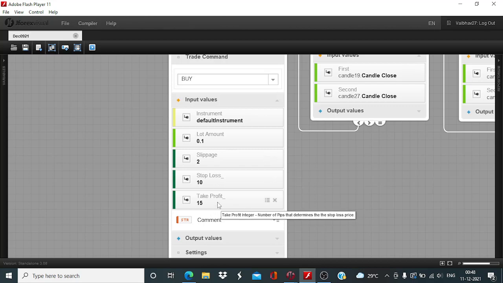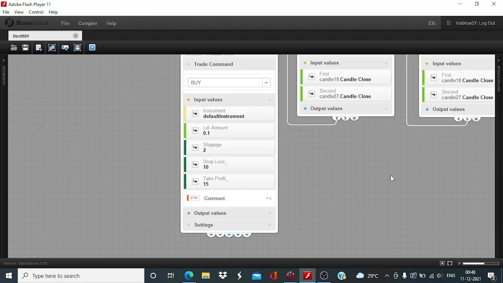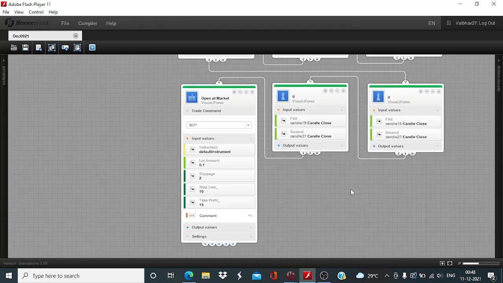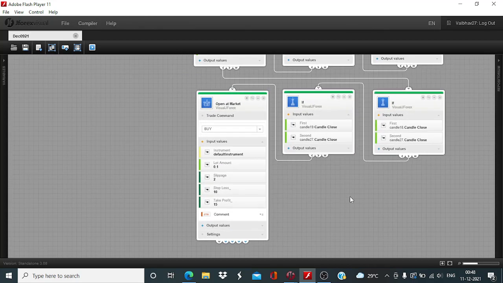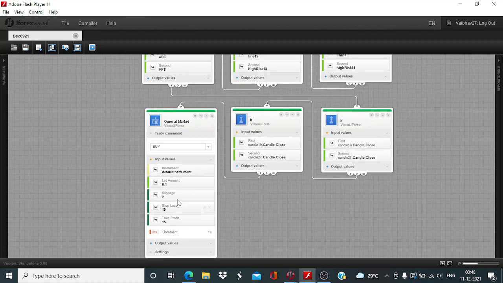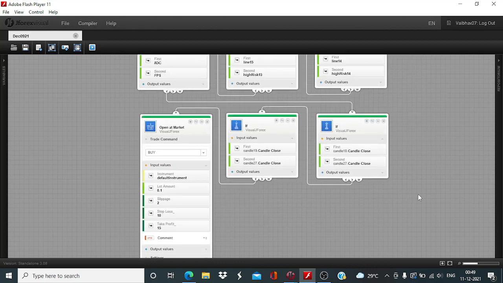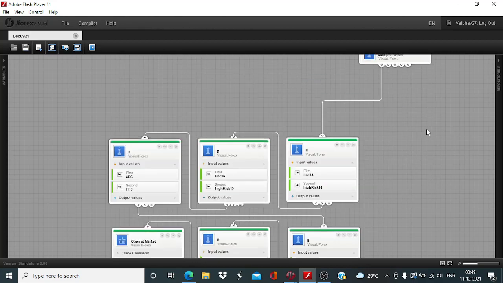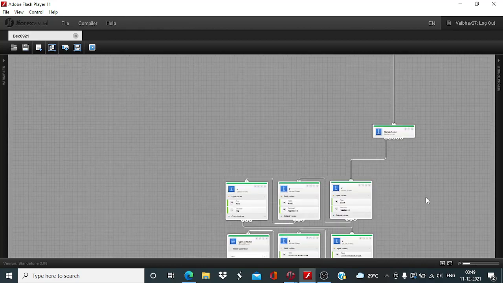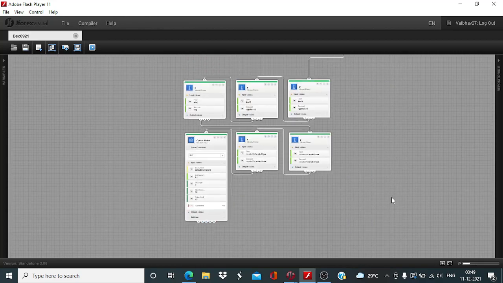So that's why the take profit is 15 and stop loss is 10 pips. And there is not a perfect formation to say, but these are some of the parameter values which I think should hold well in the trading setup, and if needed we can always change those parameters.